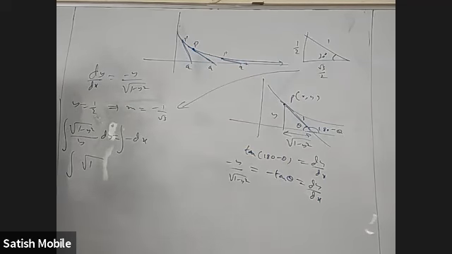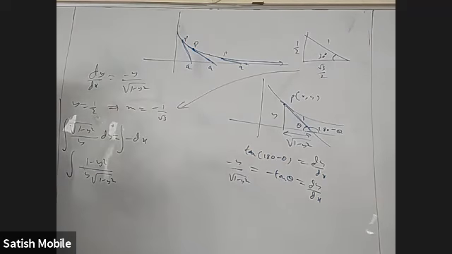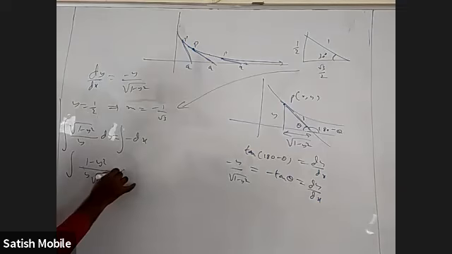You will get cos square by sin. You can manage, or multiply with root 1 minus y square, root 1 minus y square. Then the root will go. We'll get 1 minus y square by y root 1 minus y square. You can take this by this separately and try to integrate also.